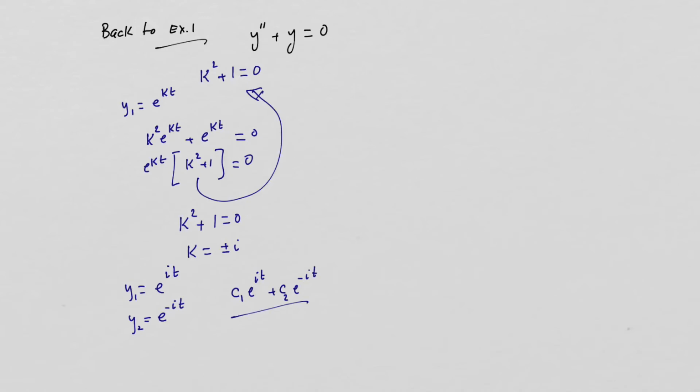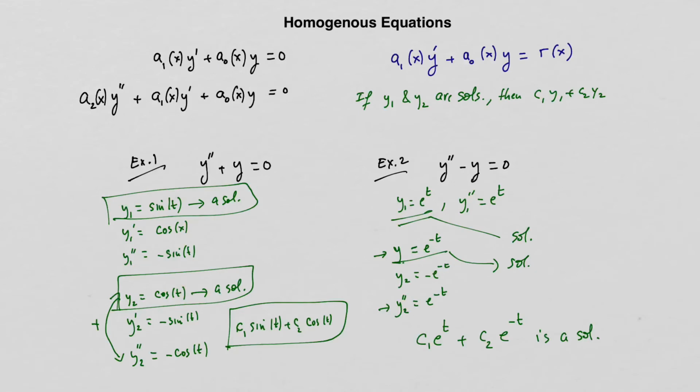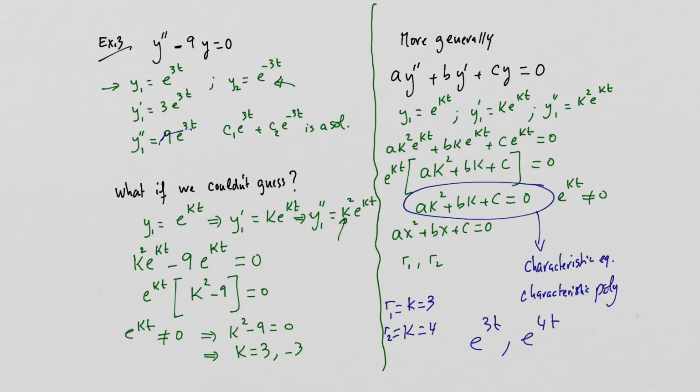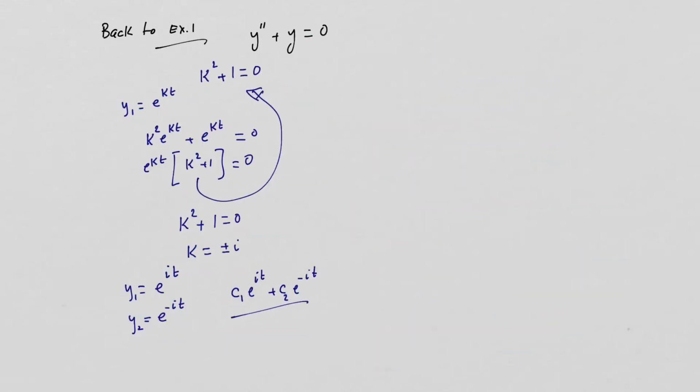Okay? The question is, how come we got this one, but in here we got these? So we need to reconcile that piece. So I'm going to take you back to a little bit of calculus.